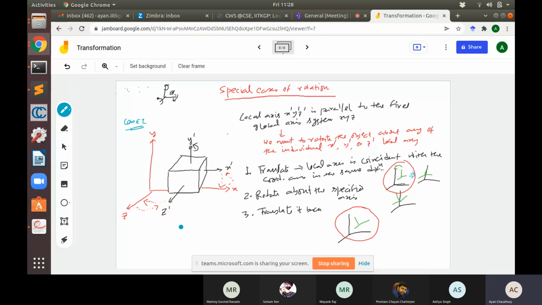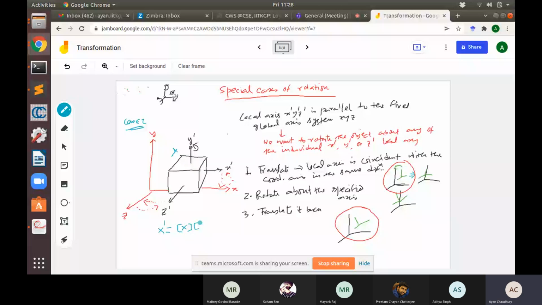So let's say x prime. Let's not consider an object. Let's consider a vector. Okay. So x is all the point coordinates here. So x prime is the transformed coordinate. Okay. So what will be x prime? X prime will be, so x was my previous location or previous points, and then we do the translation.